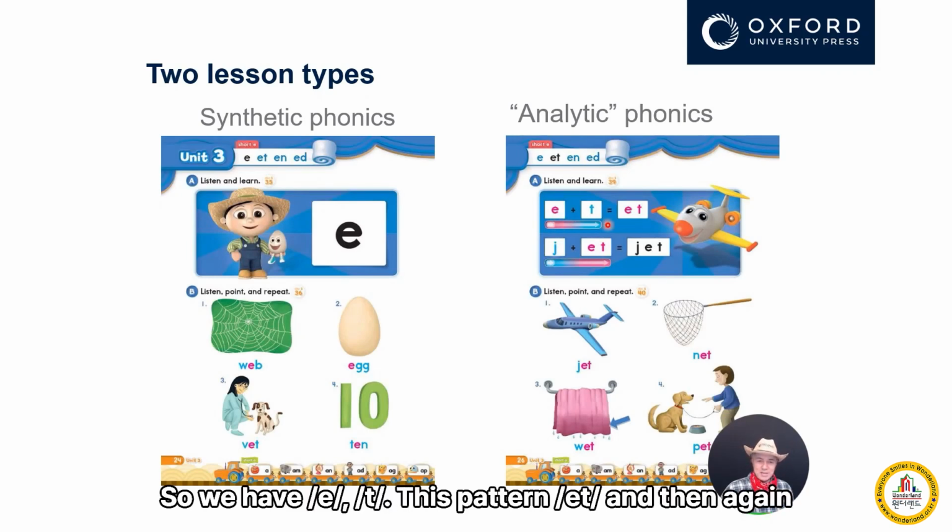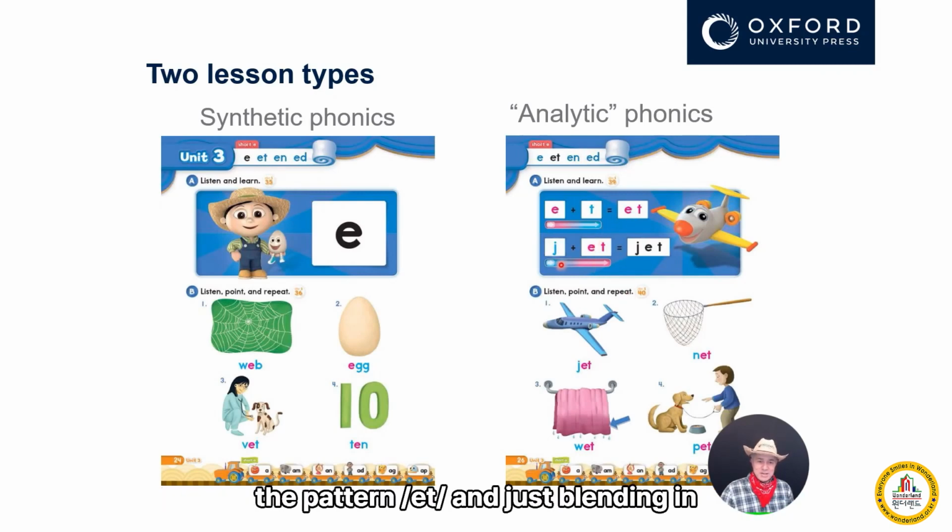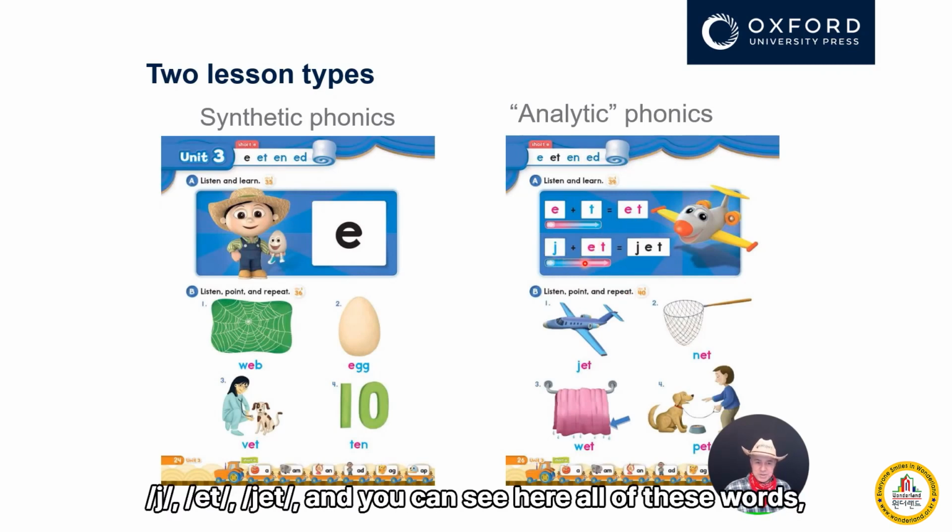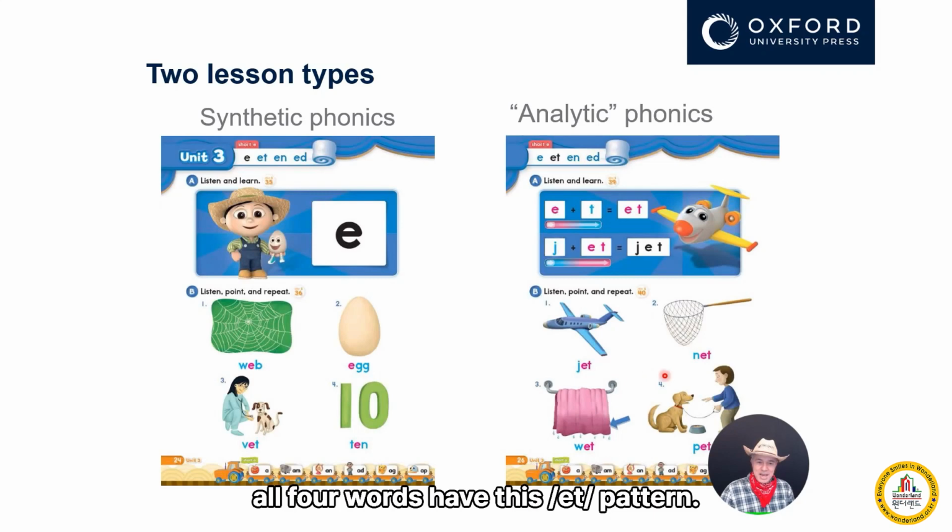So we have the pattern et, and then again the pattern et, and just blending in j, et, jet. Okay, and you can see here all of these words, all 4 words, have this et pattern. Okay, what's the advantage of this approach?